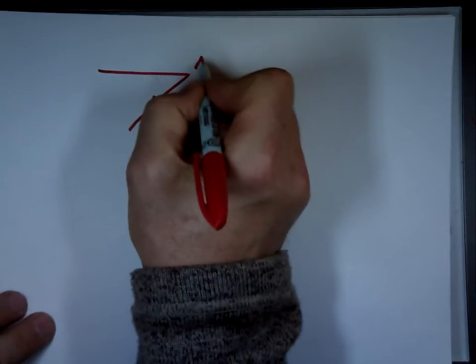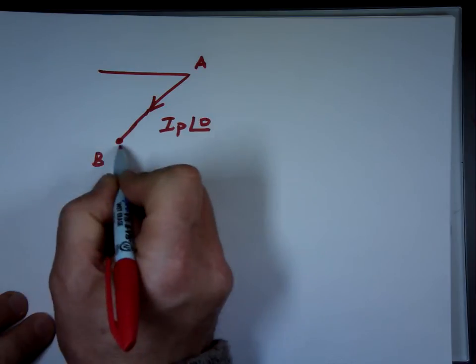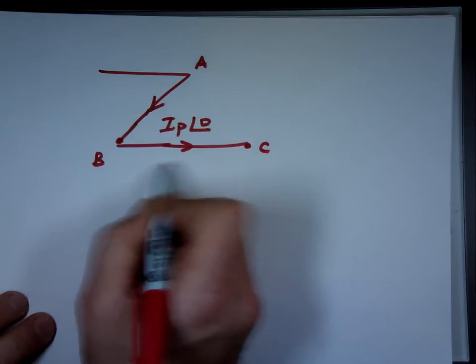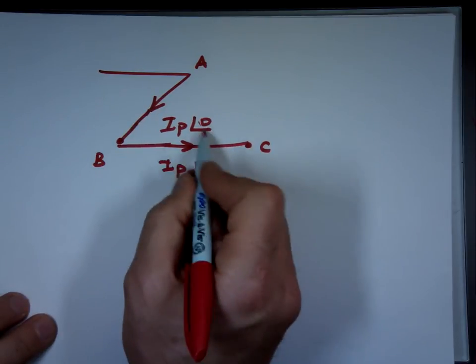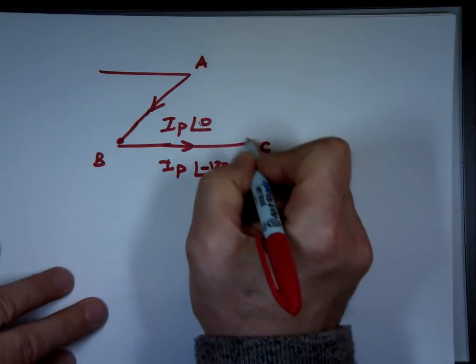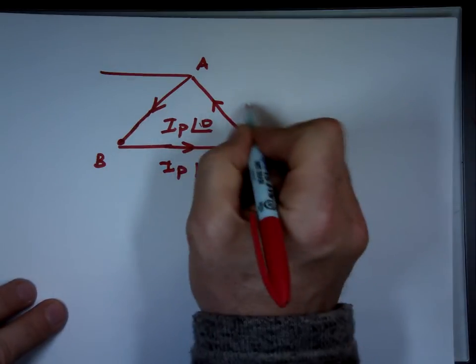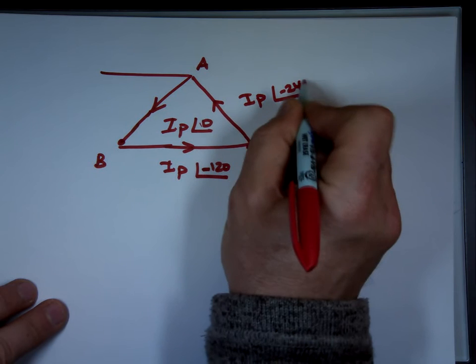This is A, this is B, this is C, and this angle will be negative 120, and this angle will be negative 240.